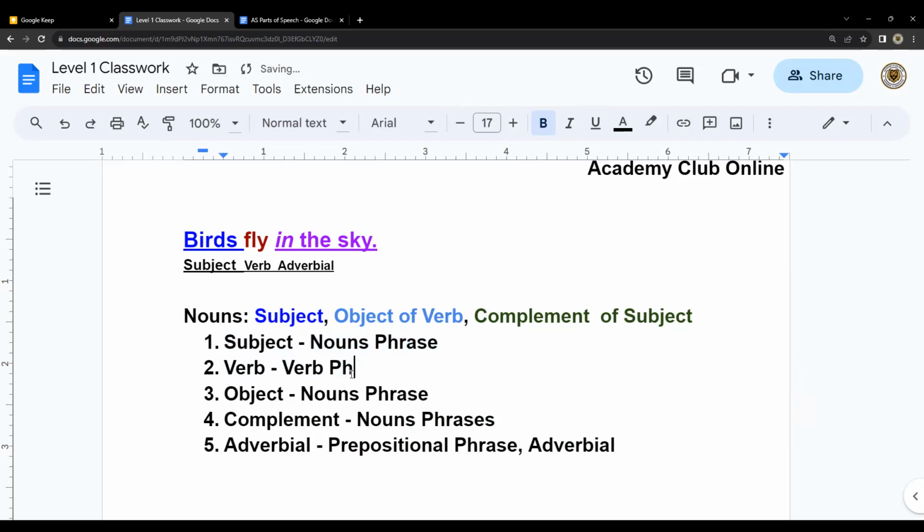Y este sería verb phrase. Los objetos, como vimos, nada más van a ser nouns. Complementos van a ser noun phrases and adjetivos, adjective phrases. And then adverbios tenemos dos, prepositional phrase and adverb. Entonces, la estructura de esta oración es subject, verb, adverbial. Hasta ahí, ¿cuáles son las preguntas?